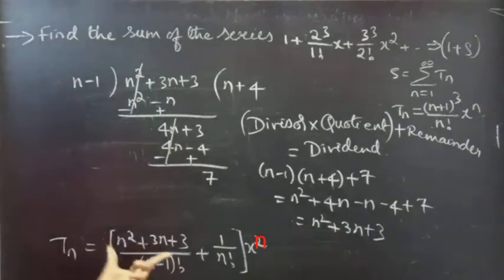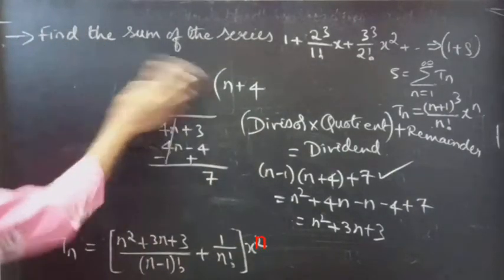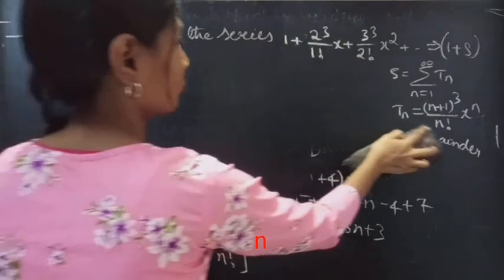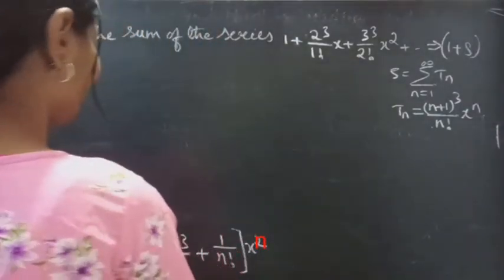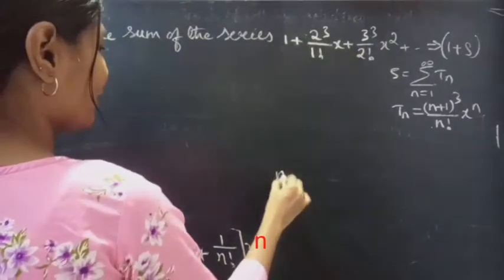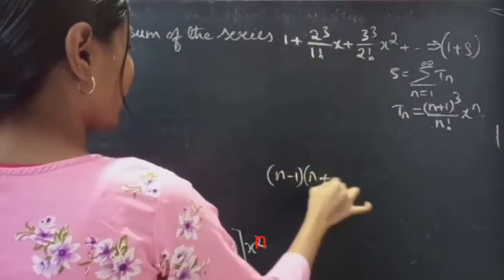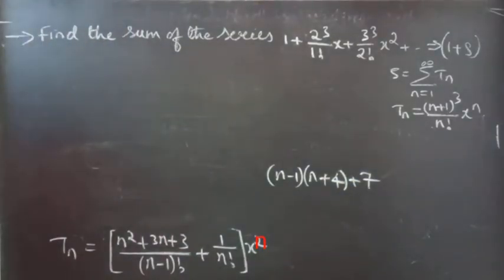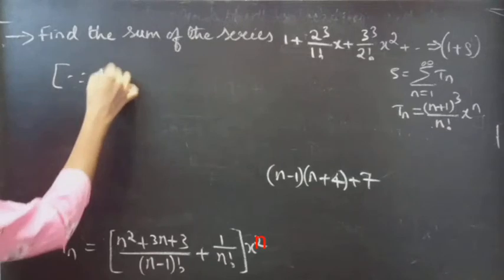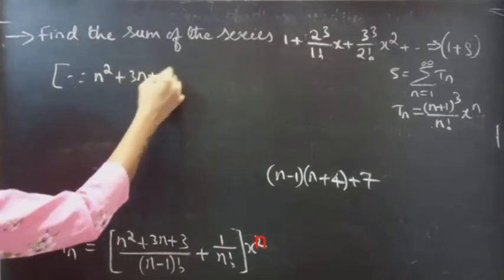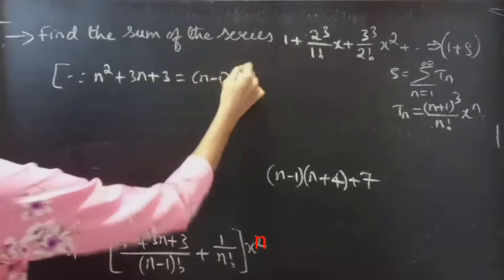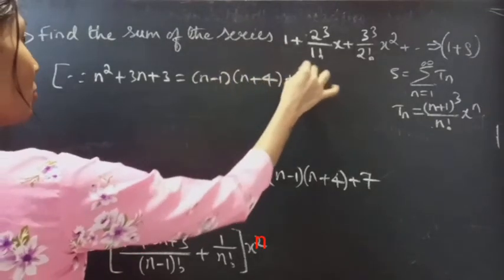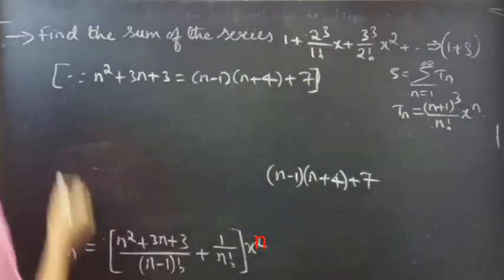So you can replace n square plus 3n plus 3 by this, that is n minus 1 into n plus 4, plus 7.